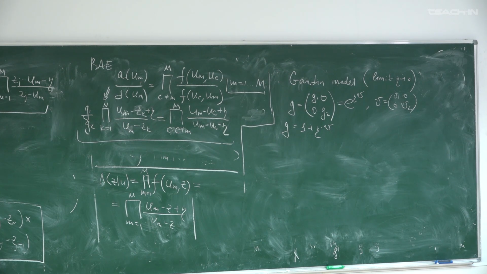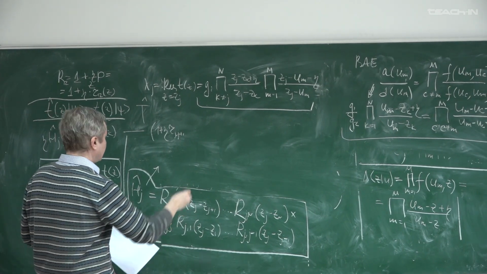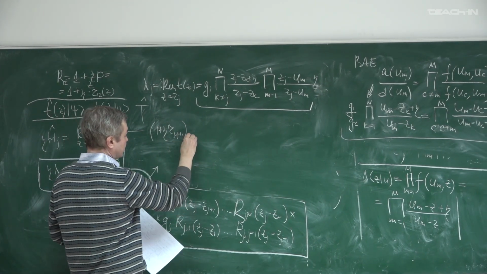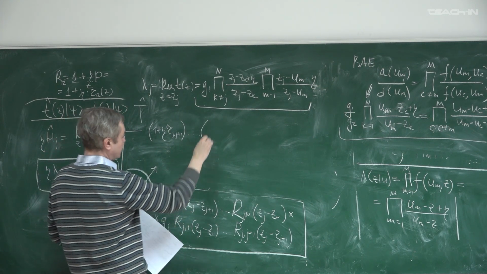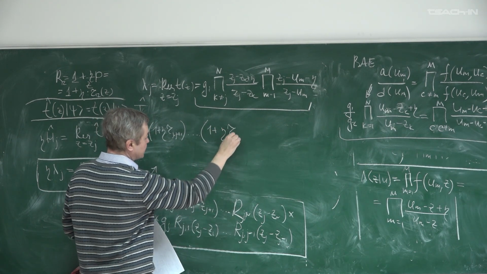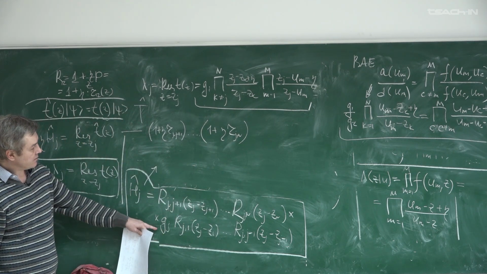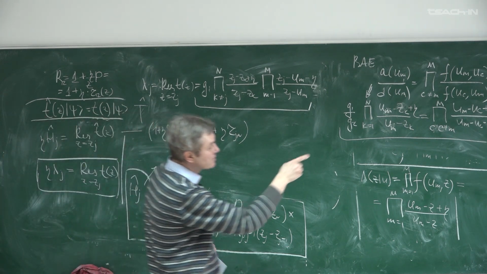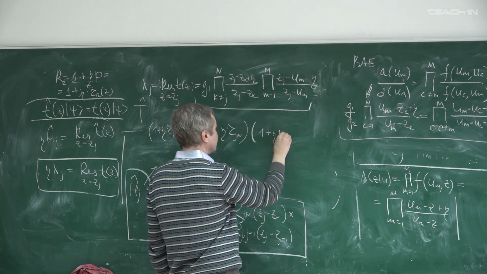I won't write arguments because they coincide with the numbers of corresponding tensor components. Then we go up to 1 plus eta r j n. Then we have this twist matrix, which is, as we told, 1 plus eta v.